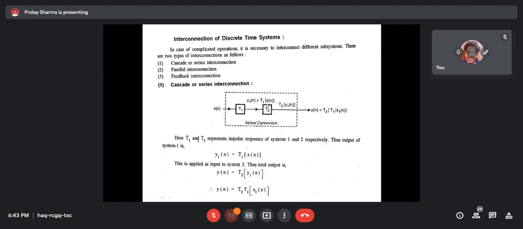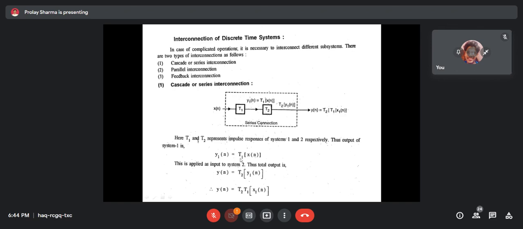So the transform of the input signal x(n). Then again there will be another transformation because the second system is present in series. So the transform for the second system for the signal y1(n). y1(n) is the output of the first block. So from the previous block we can write the transformation of input x(n).